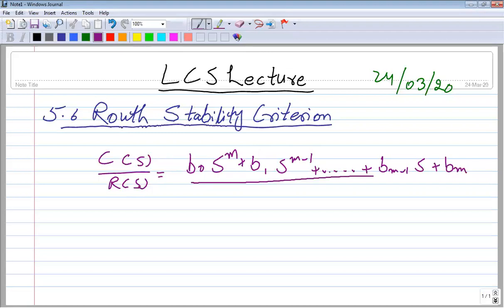And it has a denominator, a0 s^n plus a1 s^(n-1) plus dot dot dot till a(n-1) s plus an, right?